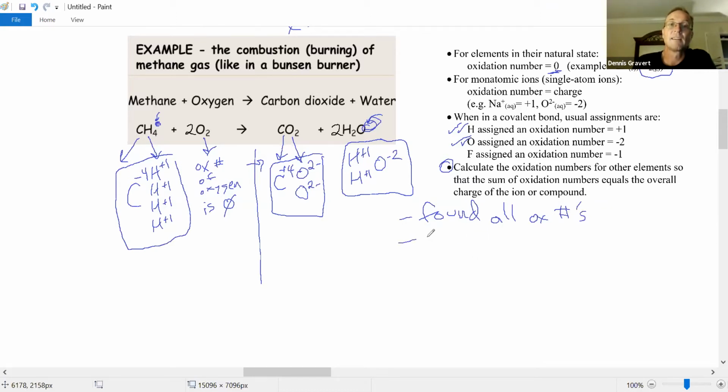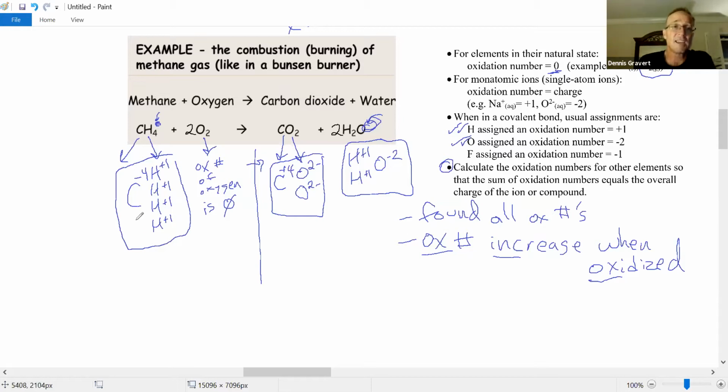Then oxidation numbers increase when oxidized. Or if you don't remember that, there's a whole bunch of ox things in here, oxidation numbers increase.